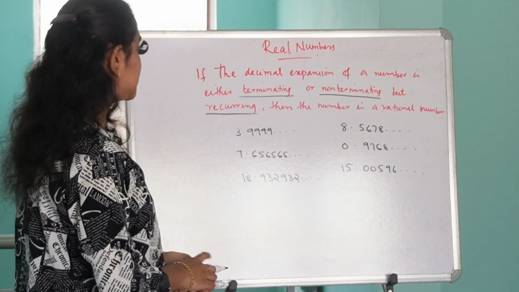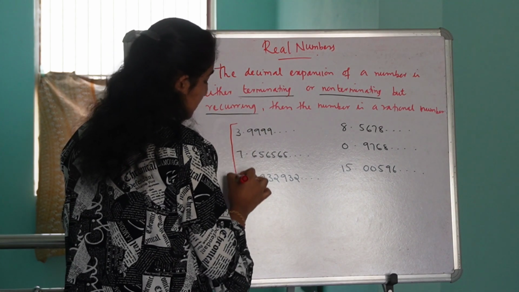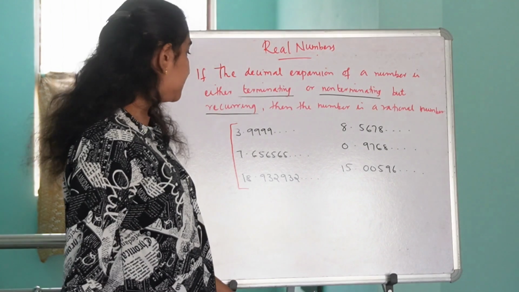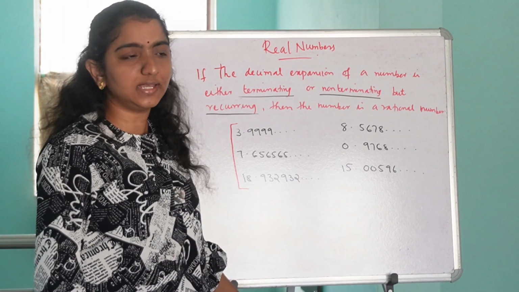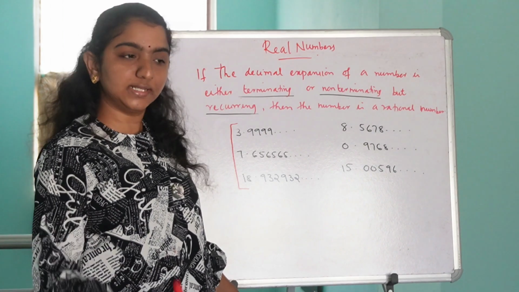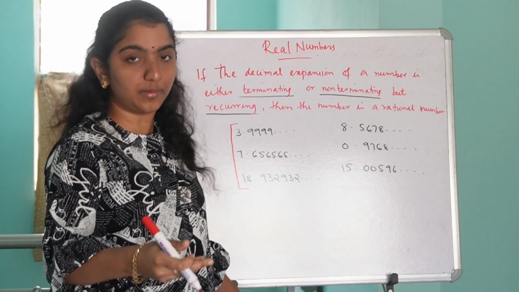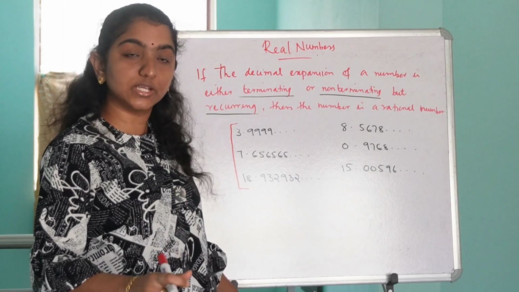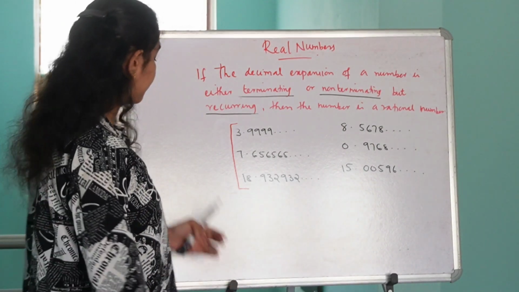Again, on this board I have written two sets of decimal numbers. So let's analyze these two sets. In the first set of decimal numbers, you can see either a single number or a set of numbers is getting repeated uniformly.